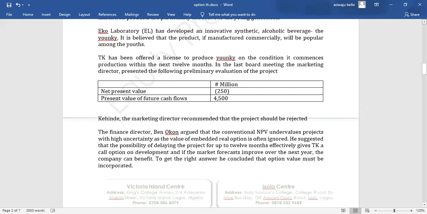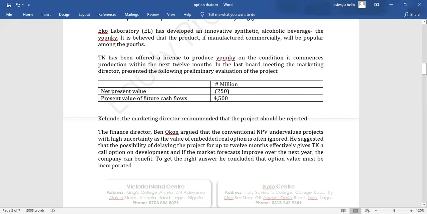Now the question again is, is the finance director wrong in giving his view? The finance director is not wrong. He is also not wrong.